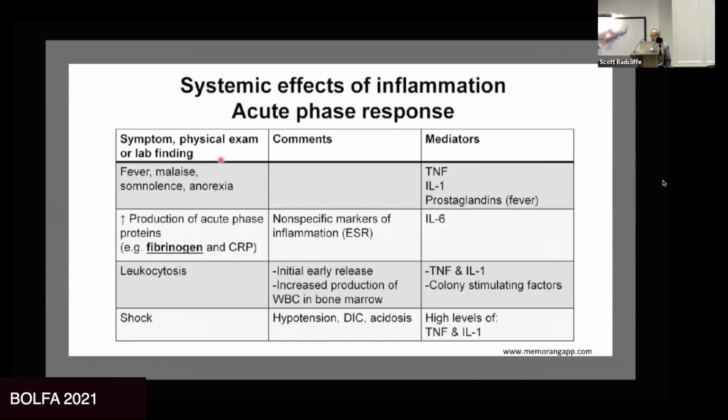That's the local effect. Systemic effects include, for example, fever, right? And anorexia, production of acute phase proteins, leukocytosis, and even worse, shock. Those are the systemic effects we know during mastitis.